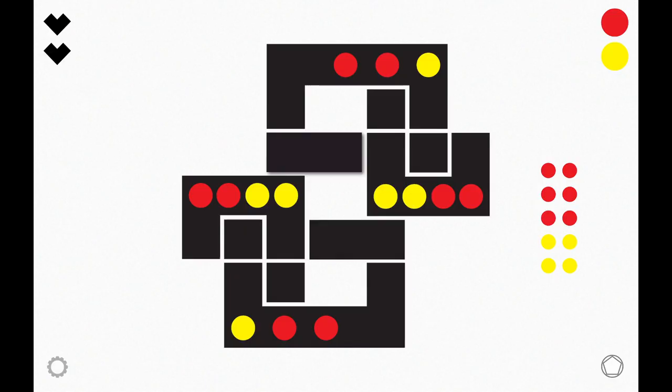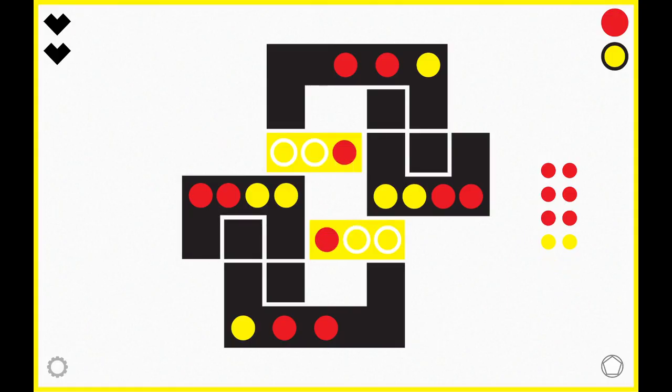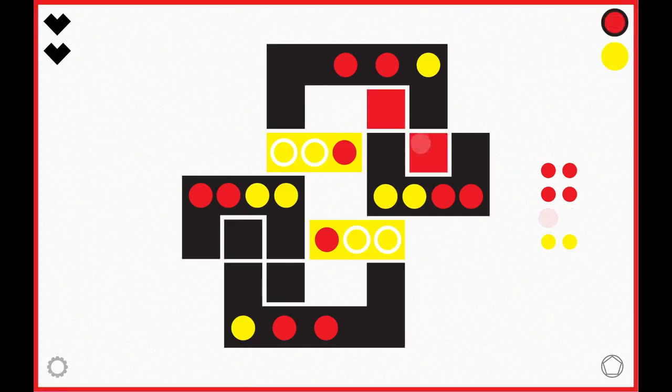Who's touching all those? So if this one's yellow, and those 2 are red, then this one has to be yellow. Which I think satisfies the thing. Okay. But that also means that this and this is red. Okay. And I think that means that this and this is red.